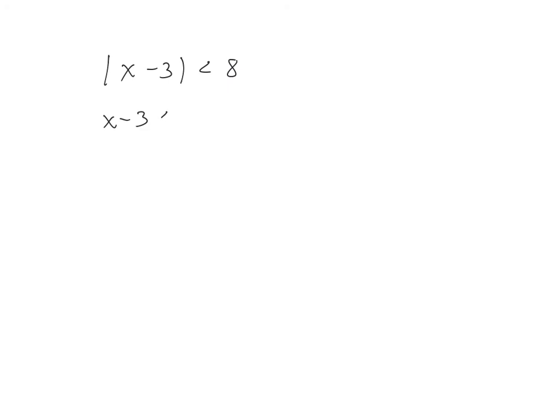So we write two inequalities. Remember to flip the second one. Was less than, now it's greater than. Okay, so when I go to solve, x is less than 11 on that one. Oh, I forgot to make it negative 8. Going a little bit too fast. So plus 3.